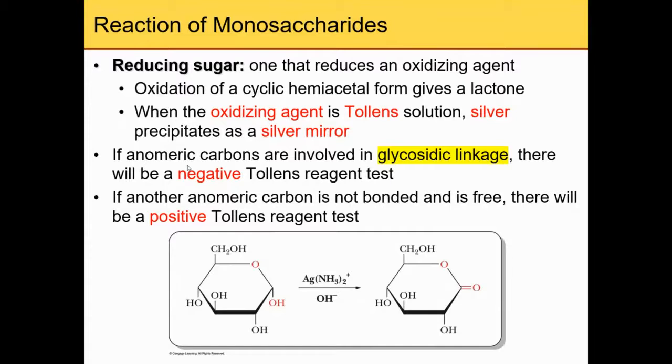If the anomeric carbon is involved in the glycosidic linkage, then there would be a negative Tollens reagent test. And if the anomeric carbon is not bonded and is free, there will be a positive Tollens reagent test.